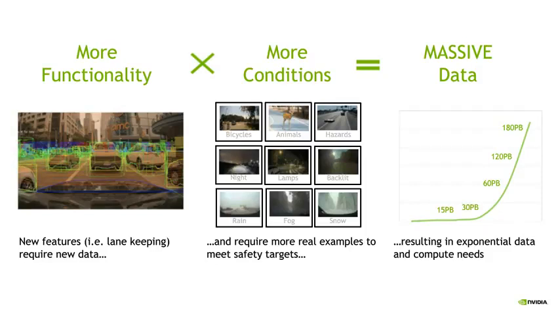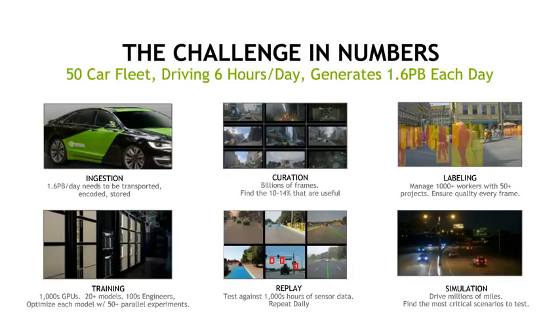Looking at the numbers is, I think, a great way to build a mental model for how complex the task is. We're essentially talking about driving a fairly large car fleet to build up all the data we need to train these deep neural nets and validate them. The driving is typically 6 hours a day for a car times a few dozen cars.